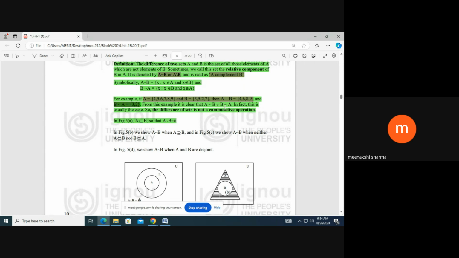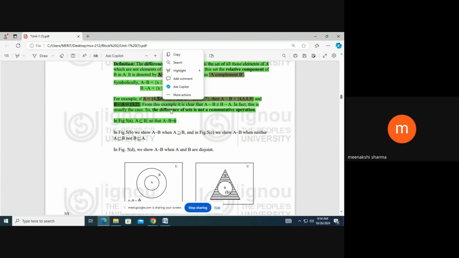First one is A difference B. A difference B means just A's elements, not B. If A and B have the same element, we leave it. See, set A has 4, 5, 6, 7, 8, 9, and set B has 3, 5, 2, 7. The common elements are 5 and 7.